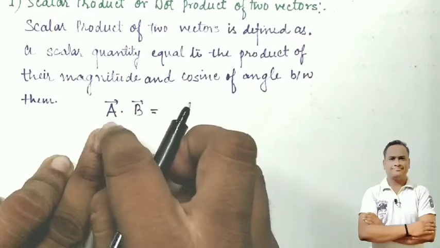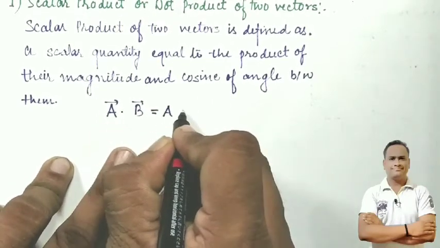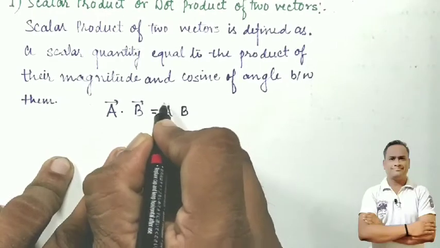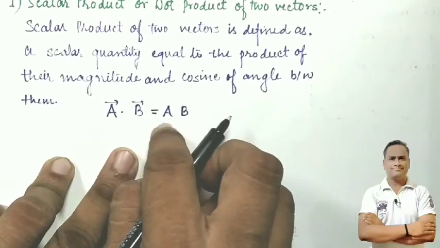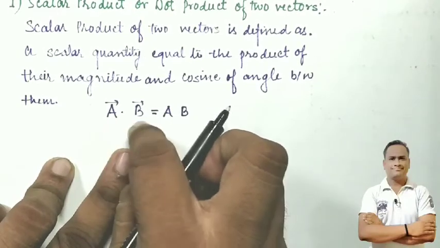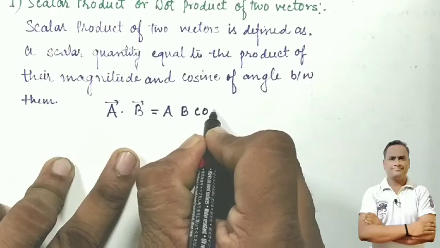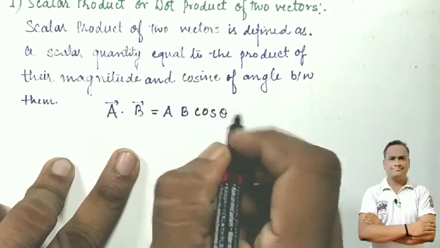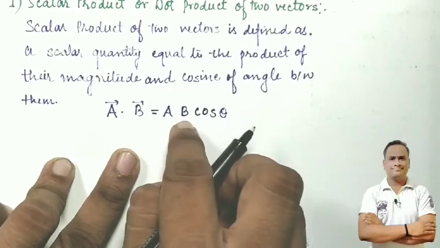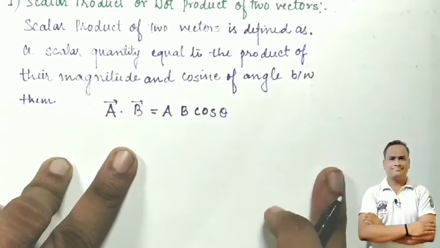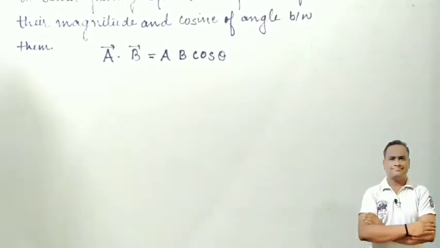A and B are vectors, and when A and B are written without any arrow, it means only the magnitudes of vectors A and B, along with the cosine of the angle between them, meaning A makes an angle theta with B. So with the help of a ray diagram, I am willing to give you the idea.